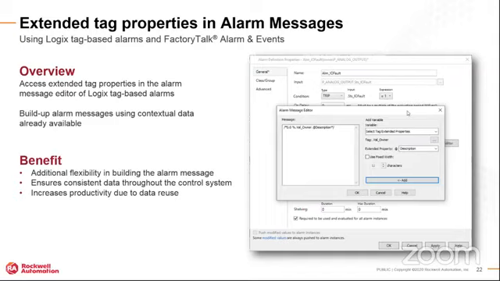And also a pretty interesting thing about the extended tag properties is that the metadata does not take away from your overall memory usage. So you're not penalized through using it since it goes into the non-volatile portion of the controller itself or your processor itself. So through including this information, you're not going to be placed at fault.